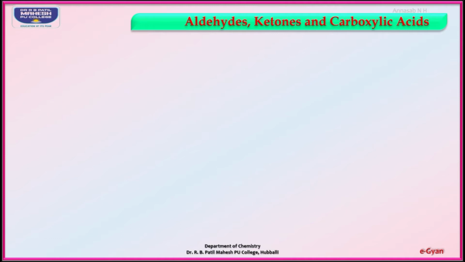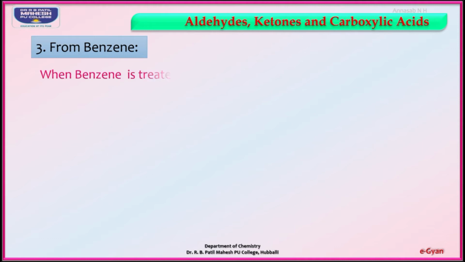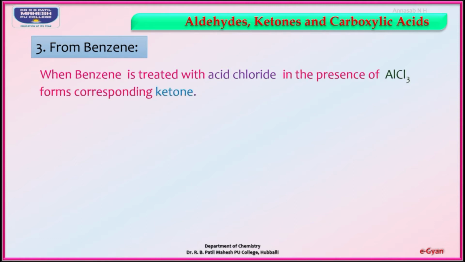Moving to the third method of preparation from benzene. With this, we can prepare only aromatic ketones. When benzene is treated with acid chloride or acyl chloride in presence of anhydrous AlCl3 forms corresponding ketone.